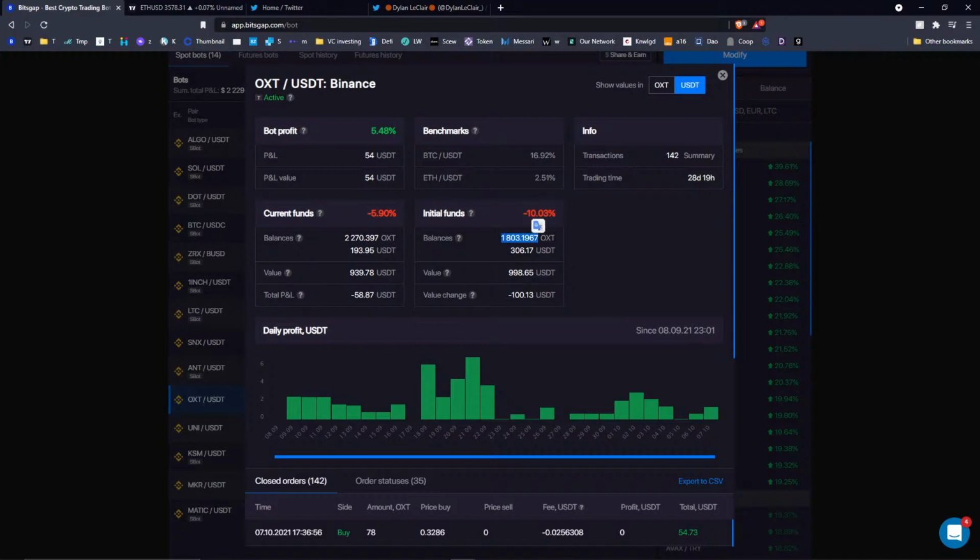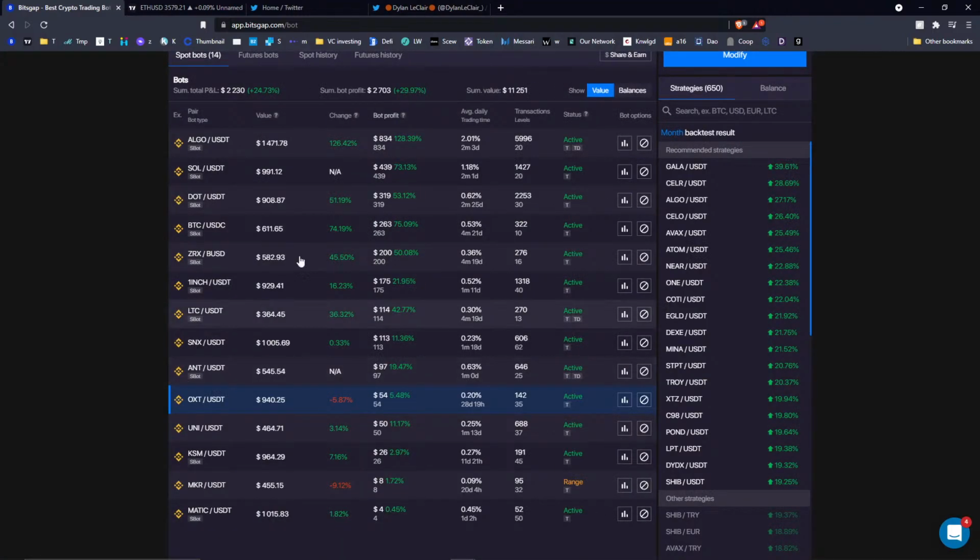If you would just hold OXT worth 1,800 OXTs on your balance and 300 USDT, the value change would be -$100. Whereas thanks to the bot, which has been buying low, selling high, and always changing the balance between the base currency and the quote currency in the bot strategy, it managed to achieve a better result, and that way saved me $40. So that's very good.